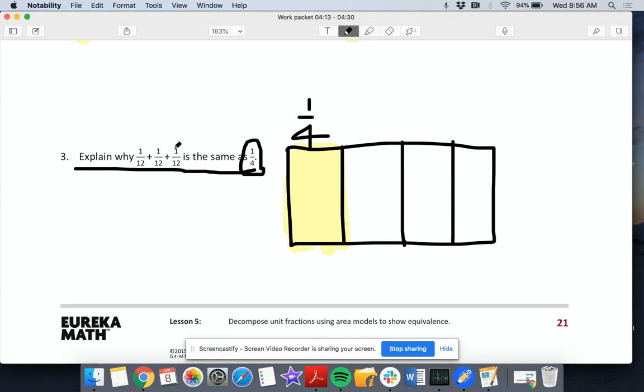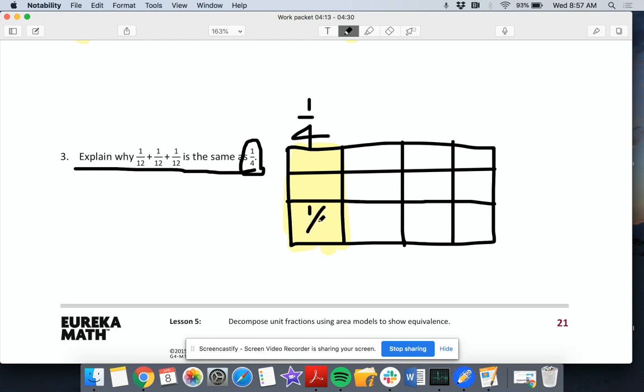And now it's telling me that I need to make this area model represent 1/12 as a unit fraction instead of 1/4. How am I going to do that? Well, I'm just going to add lines, divvy up these boxes. And what happens when I draw all these lines? Now what would my unit fraction be? 1, 2, 3, 4, 5, 6, 7, 8, 9, 10, 11, 12.